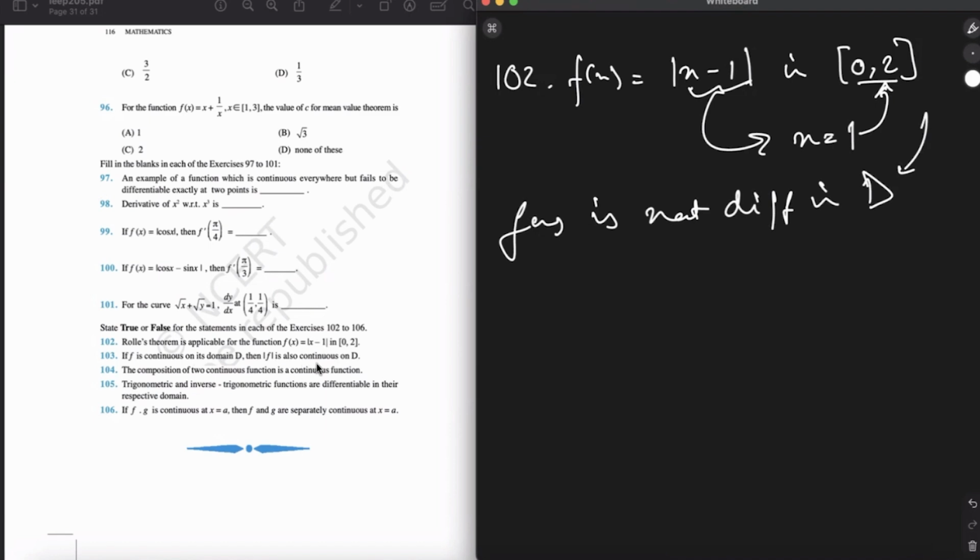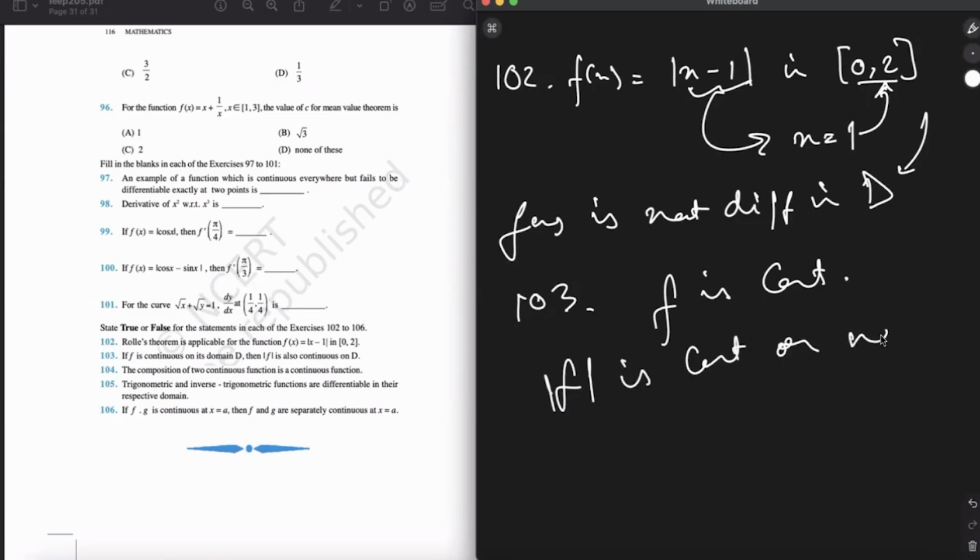If f is continuous on its domain D, then |f| is also continuous on D. Obviously, see, f is continuous, then is |f| continuous or not? Think of it like this. Suppose there is a function x square. This is continuous. Then there is |x|. Is this continuous or not?